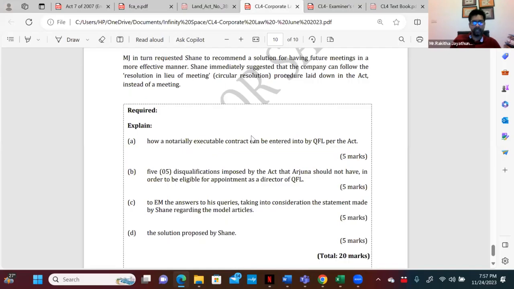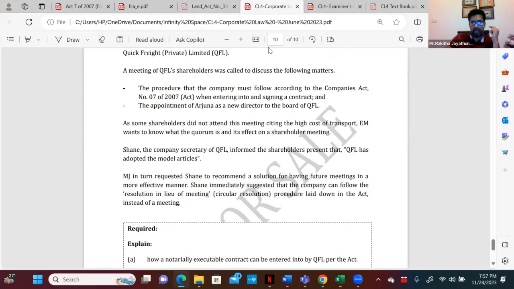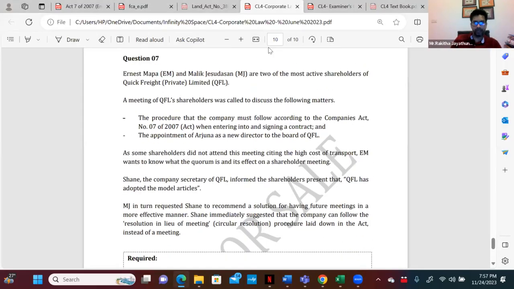Then the third one: the answer to EM's queries, taking into consideration the statement made by Shane regarding the model articles. What about this one? What is the question?